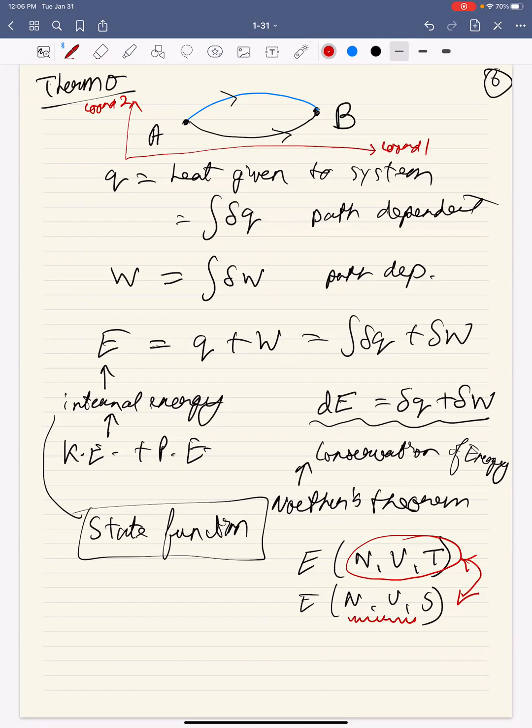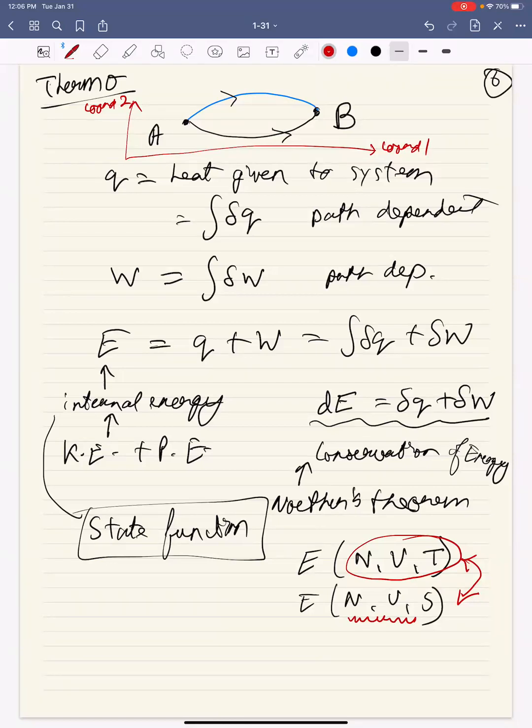Why did we have to think about entropy? What was missing? We said E of NVT is thermodynamically incomplete, right? And don't give me the math, but intuitively, what are we missing? Go ahead. Yeah, what does that mean? It means the ability to proceed in a certain direction with no input. Exactly, absolutely correct.